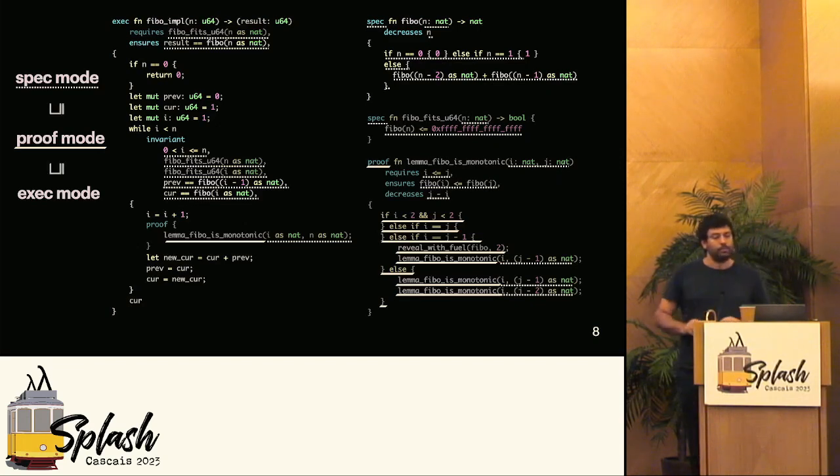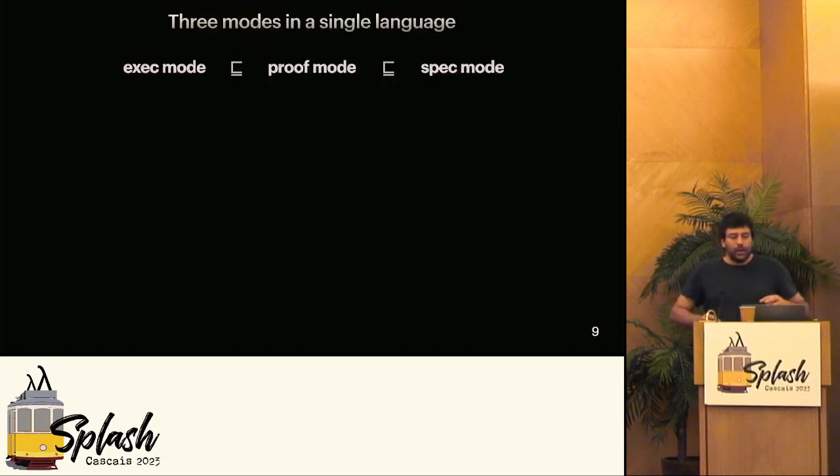So in Verus, exec mode code can contain proof and spec mode code, and proof mode code can contain spec mode code. This makes it possible to write programs and proofs in a single language. This is similar to other tools like Dafny and F*, where a single language provides facilities for both.